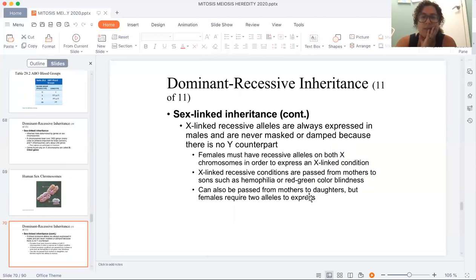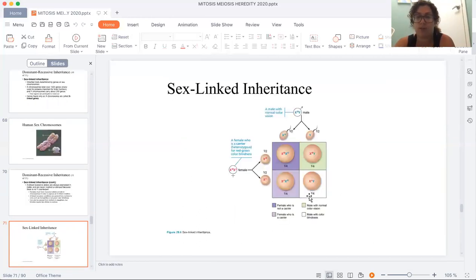So for X-linked recessive alleles, let's take that back. In order for a recessive allele to be expressed in a female, they have to have both alleles on the X. But if it's a recessive thing that's only on the X and they have one Y, there's nothing to dampen that effect. Does that make sense? I hope so. So looking at this, colorblindness is an X-linked trait.